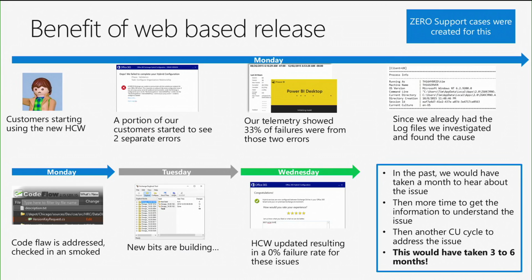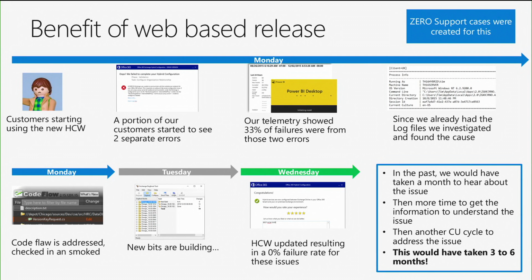As an example, we ran into an issue shortly after moving to a web-based release that we'll quickly walk through here, where on a Monday, we had a new release of the hybrid configuration wizard pushed out to our users.